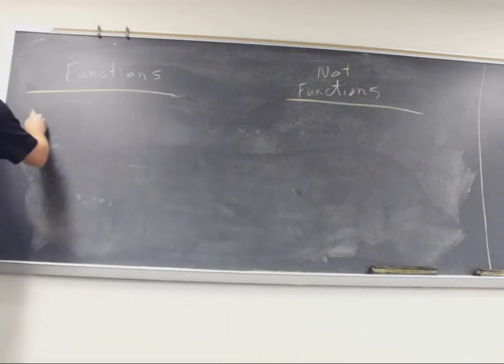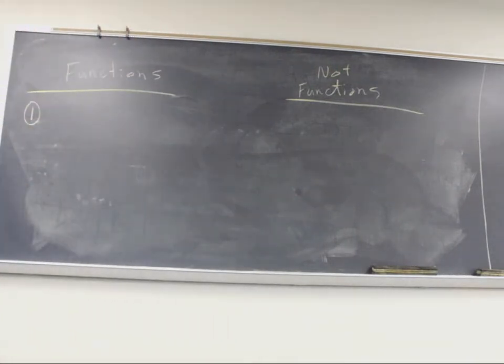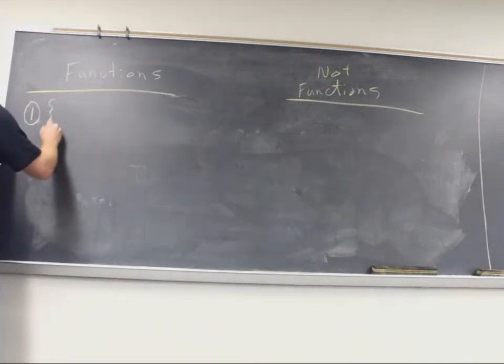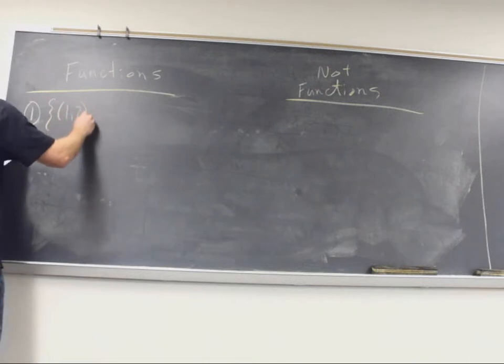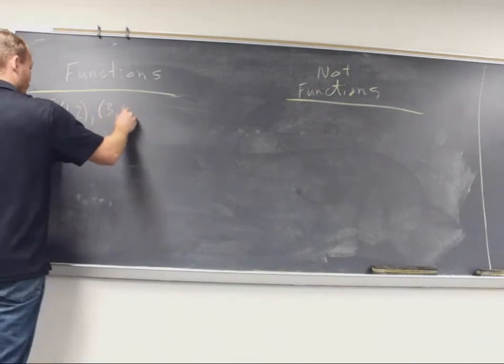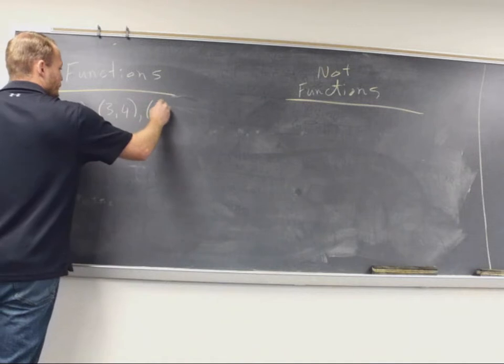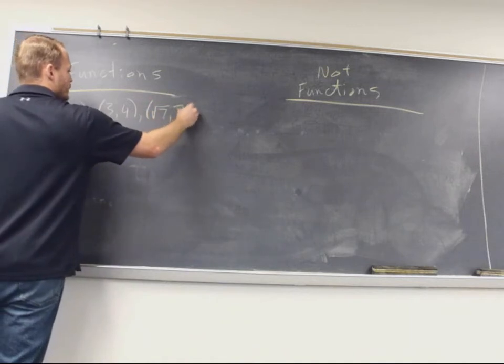So I'm going to give a function here. So let's write a relation. 1, 2, 3, 4, and the square root of 7, pi.